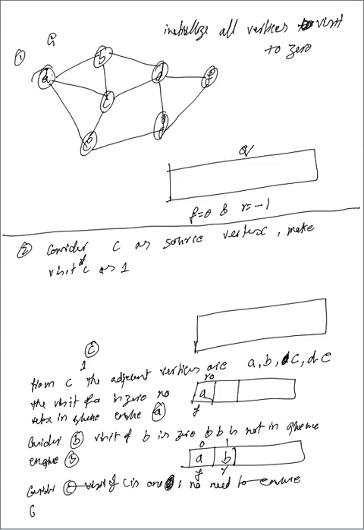Next, in exam you have to write like this. Consider D. Now, visit of D is 0. Right? If it is 0 and D is not in Q.